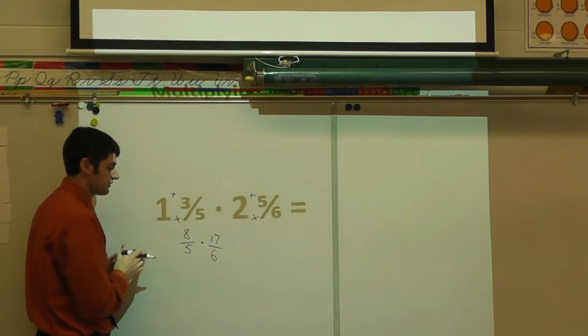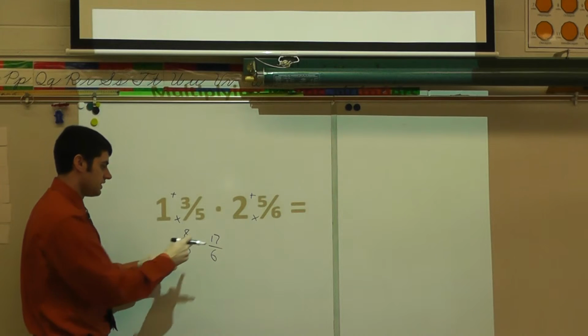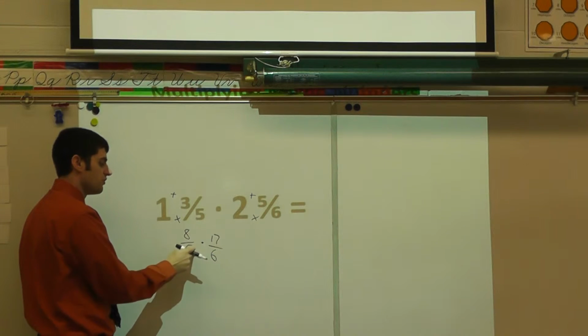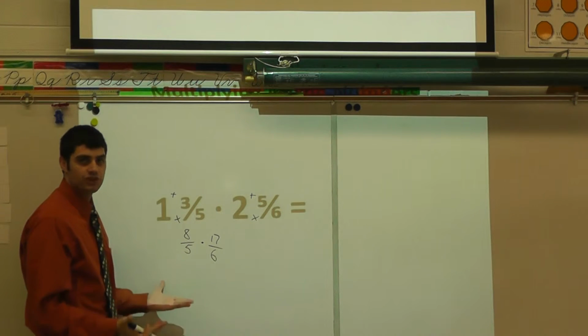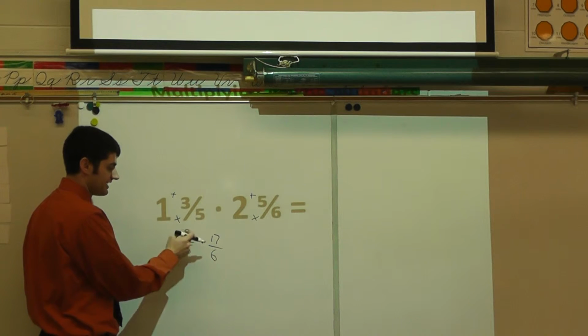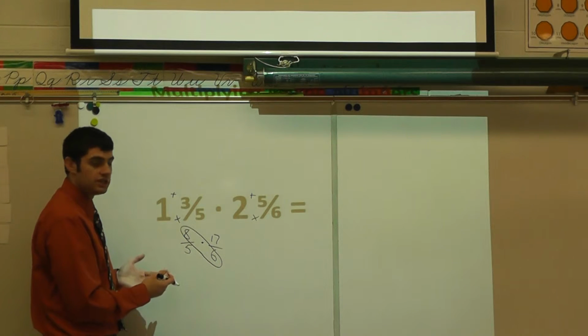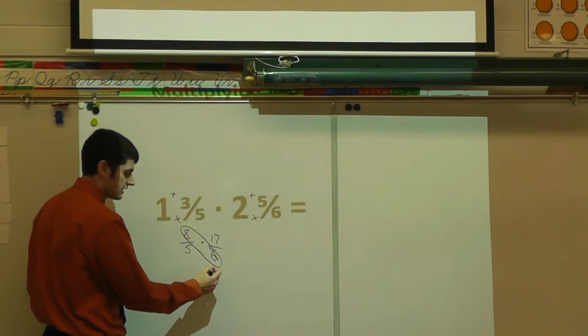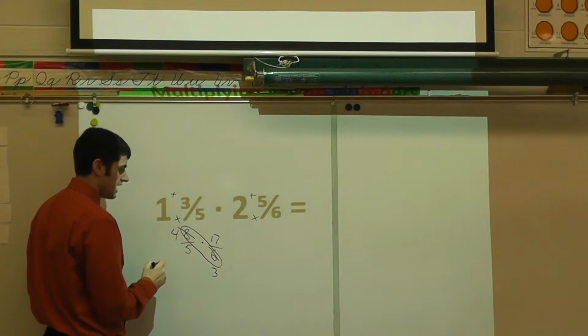So, when I look at this problem, I did my first step again. I always look to cross cancel. 5 and 17, there's no number that goes into both 5 and 17 except for 1, so they're going to stay the same. But I know that 6 and 8 are both even numbers, so I know that 2 goes into each one. 2 goes into 6 3 times, 2 goes into 8 4 times.